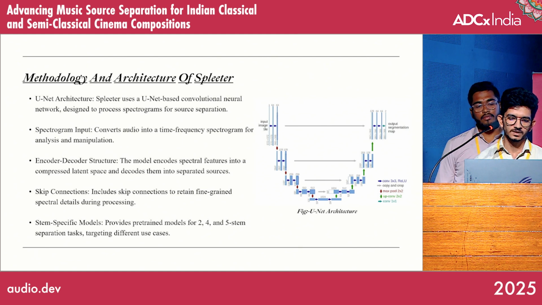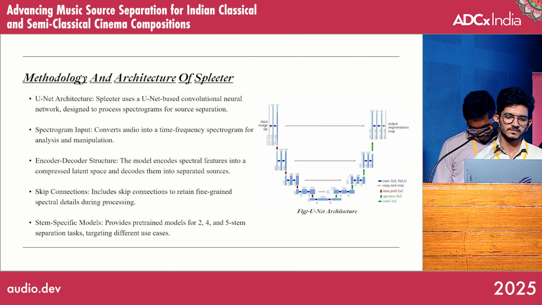So we try to improve this Spleeter model for this particular genre, which has UNet architecture and takes spectrogram inputs, and contains an encoder for encoding signals, which splits the features separately as they move through the model.